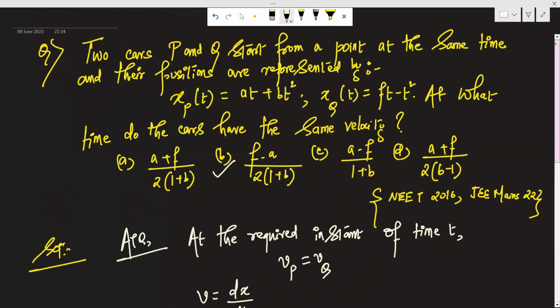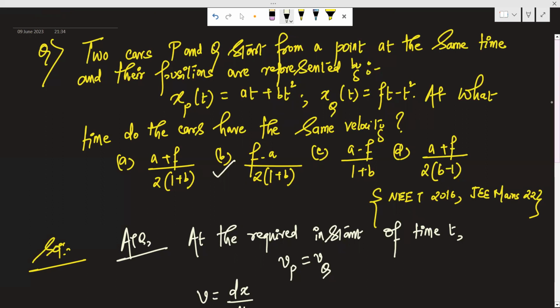Okay Shayan, please check the question once again. So what is the question? The question is very simple: two cars start from a point, moving on a straight line. We are discussing kinematics. Their positions are given as: position of P is at plus bt square, position of Q is ft minus t square.